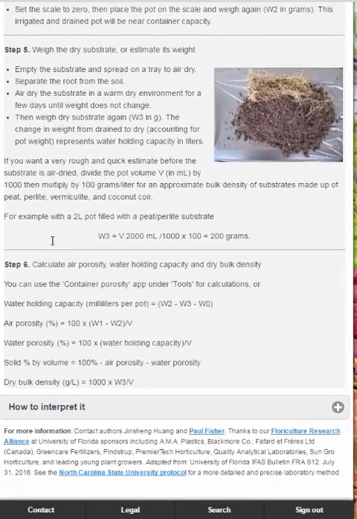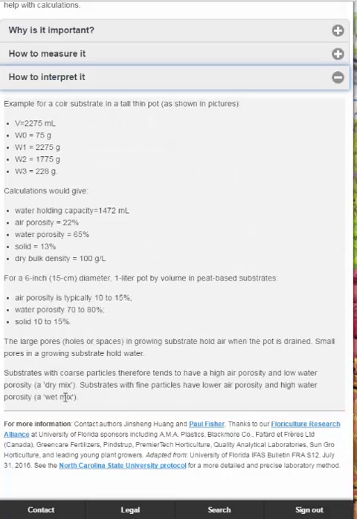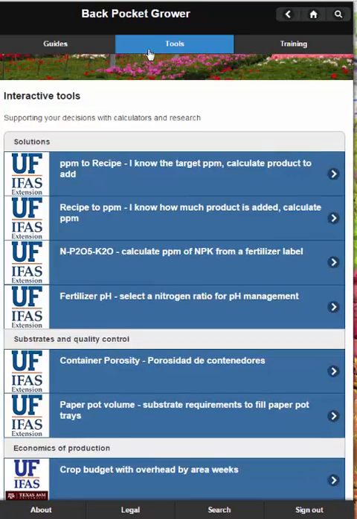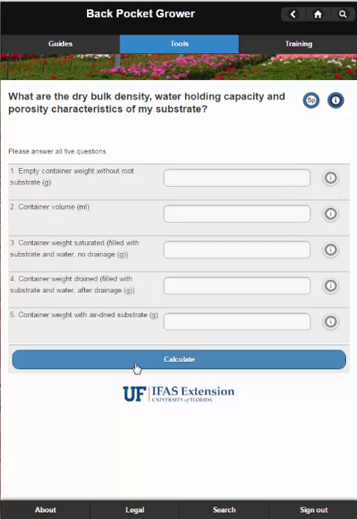Now there are a series of calculations that you can do that are listed here, but there's also a calculator app, as I mentioned. So here is the information on how to do the calculations, for example, with your phone. But we can also go into Tools and Container Porosity and use the calculator app that's here.